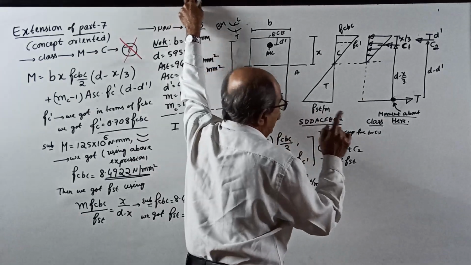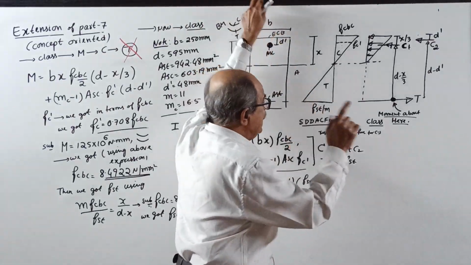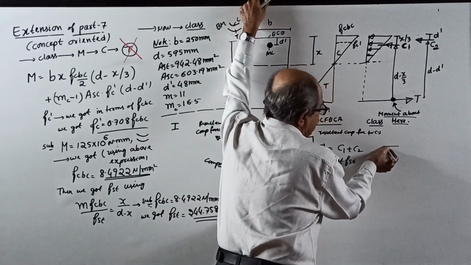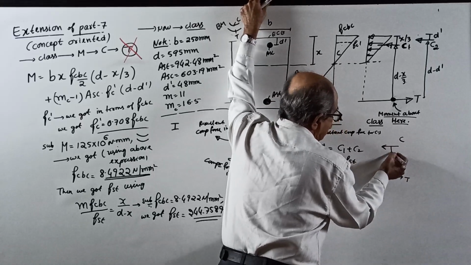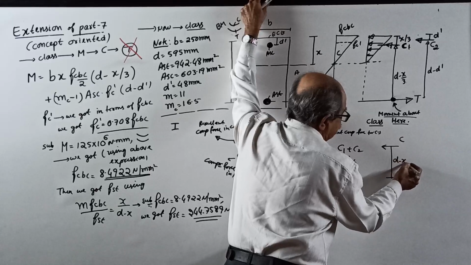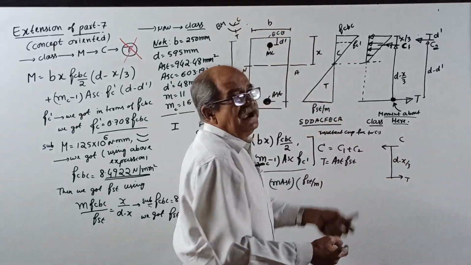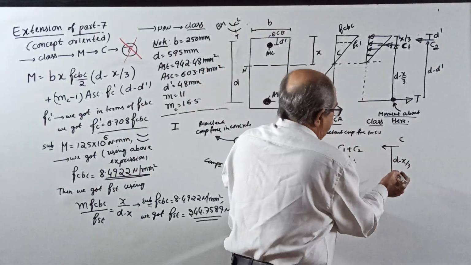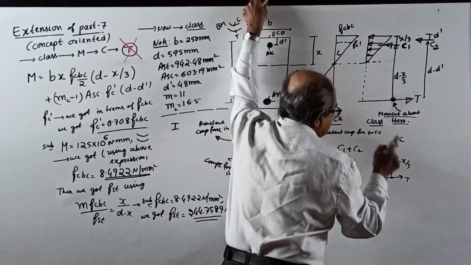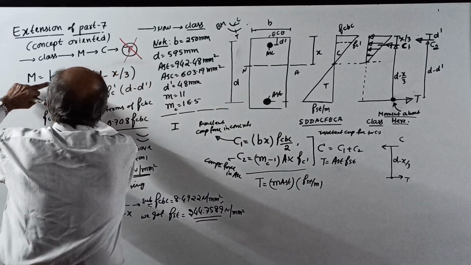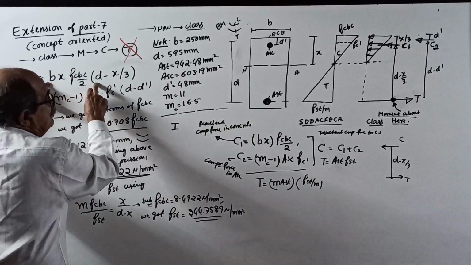Now, in singly reinforced section, there is one compression force C and one tension force T. Lever arm is d minus x by 3. So to find the internal resisting moment, if you take moment about this point, you get C into d minus x by 3, that is b x fcbc by 2 into d minus x by 3.